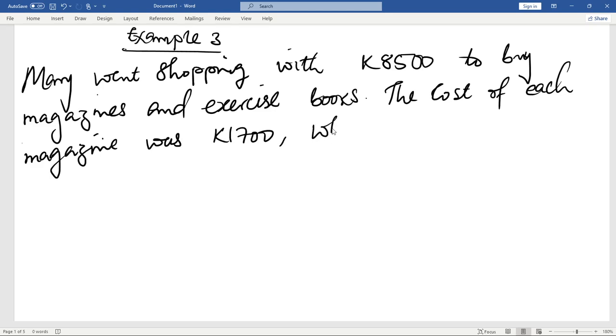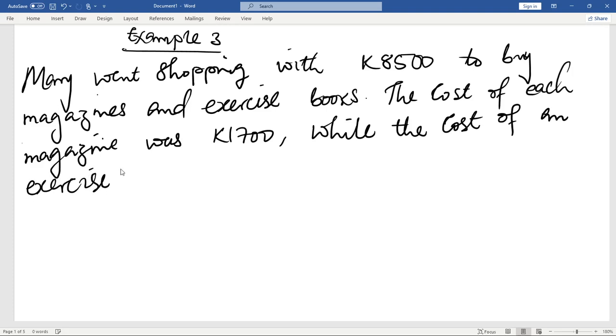Wow. The cost of an exercise book was 450 kwacha. Like this here.